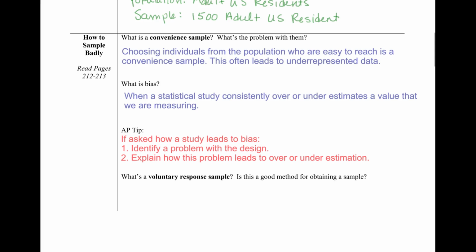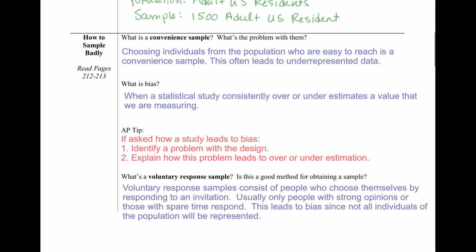What is a voluntary response sample? And is this a good method for obtaining a sample? Voluntary response samples consist of people or individuals who choose themselves by responding to an invitation to do a survey. Usually only people with strong opinions or those with spare time respond.